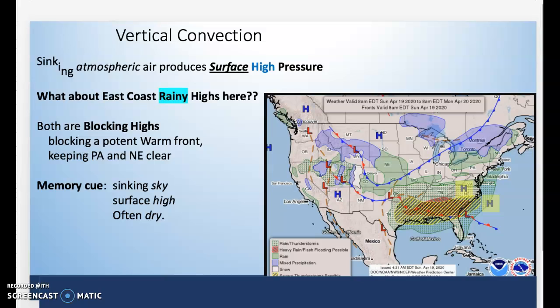Those highs are containing that very powerful warm front that is down along the Gulf Coast. So while you see rain in those East Coast high areas, you don't see the severe thunderstorms. You don't see the heavy rain and flash flooding that is associated with the warm front that is south of that.